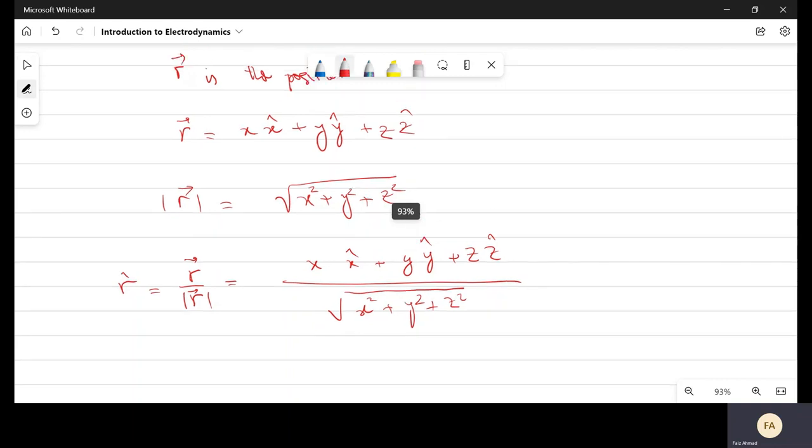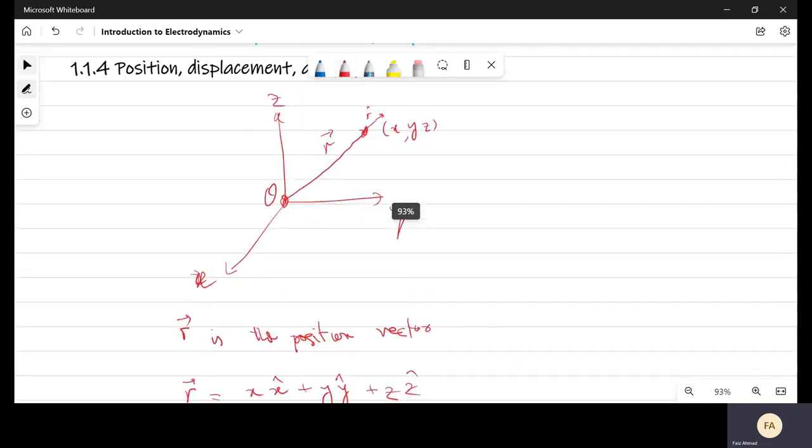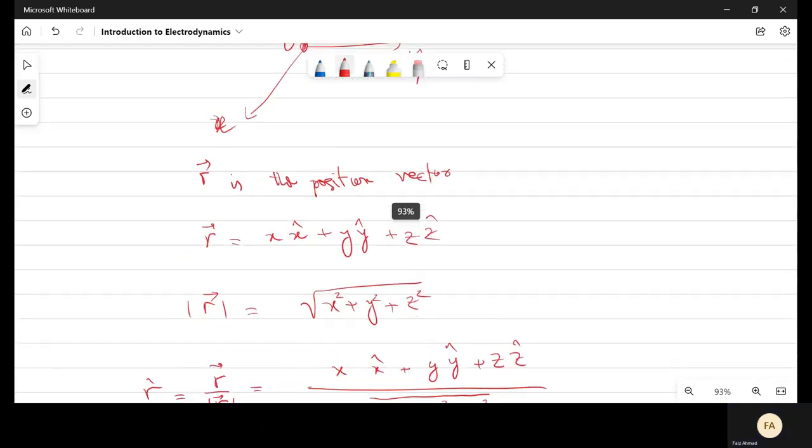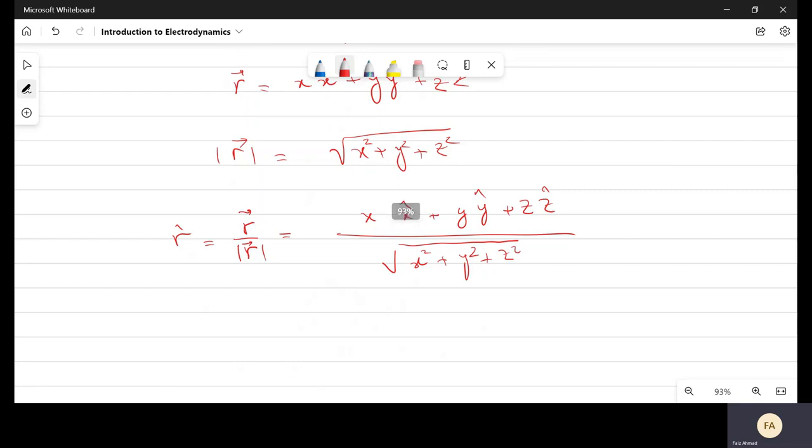And this R unit vector points radially outward.